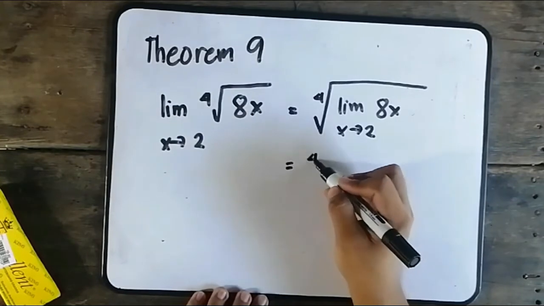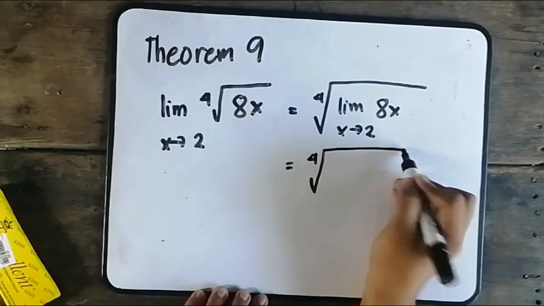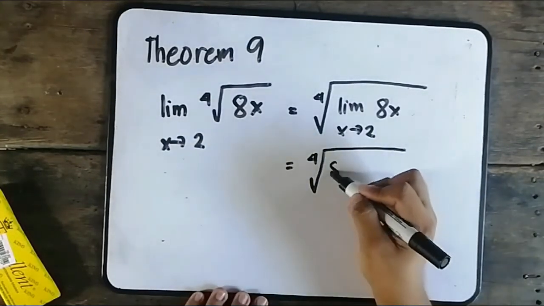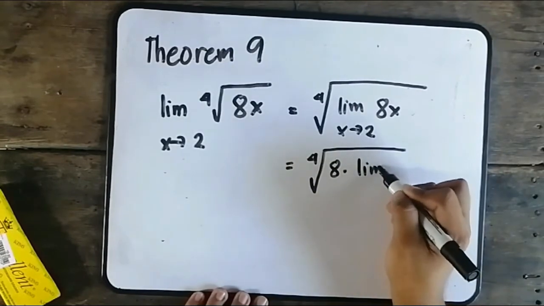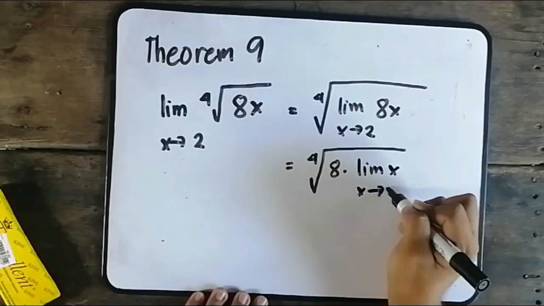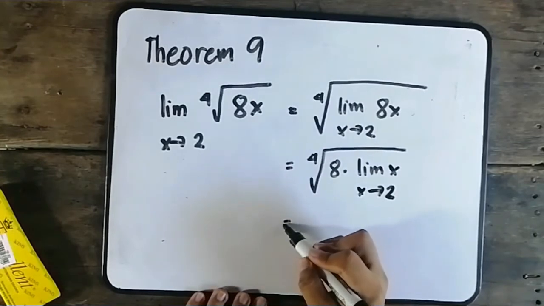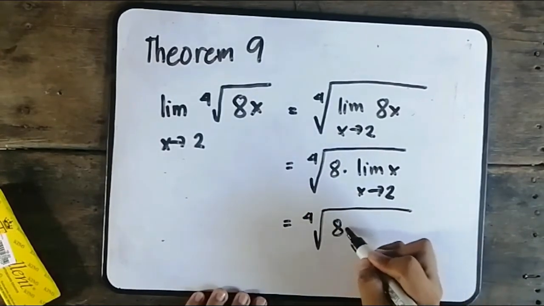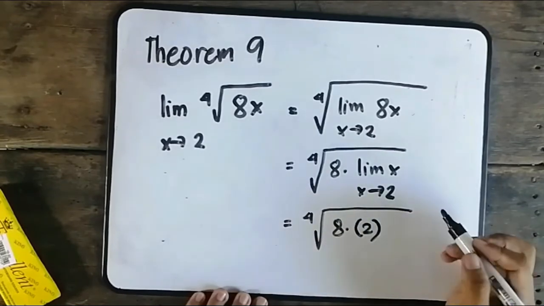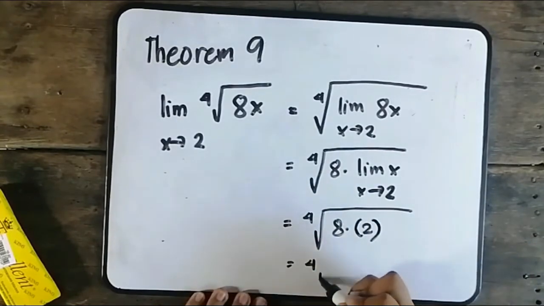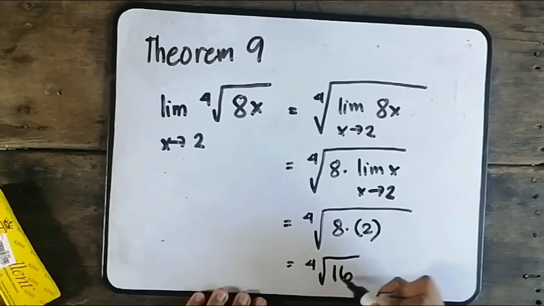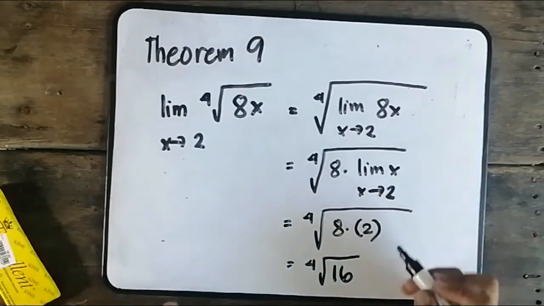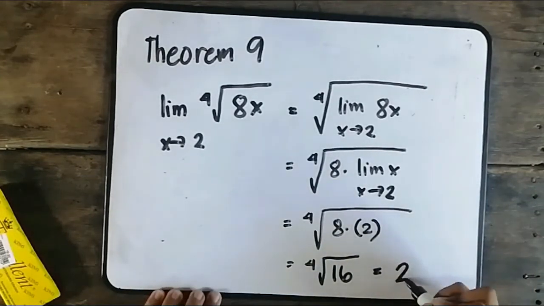So we now have the fourth root of 8 times the limit of x as x approaches 2. So again, that is fourth root of 8 times 2, or that is fourth root of 16. But what is the fourth root of 16? That is equal to 2.